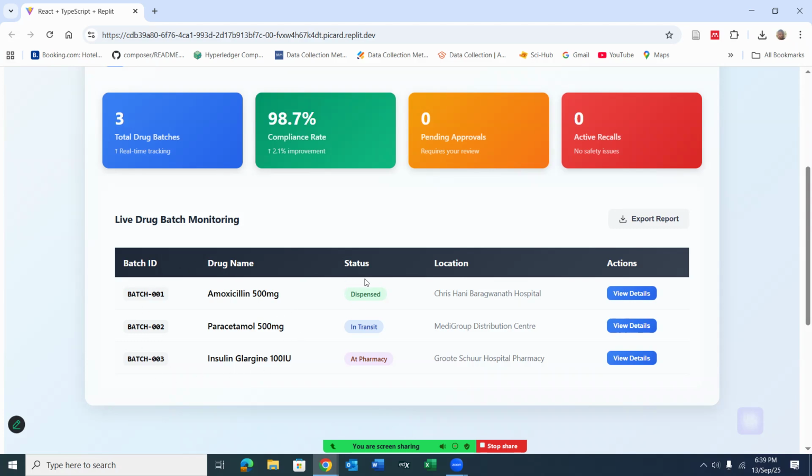The status you can see, one of them is dispensed, one of them is in transit, one of them is sitting at a pharmacy, right? Each drug has its own unique batch ID, which also helps us to track and verify each drug on our system.